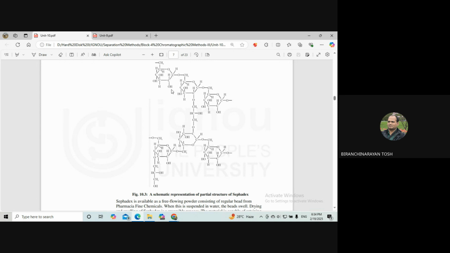Alpha means the OH group will be on the same side of the chain. If it is opposite, then it is beta, as in the case of cellulose. But in the case of starch, it is alpha. Sorry, in starch it is 1,4, but here it is 1,6 glycosidic linkage.